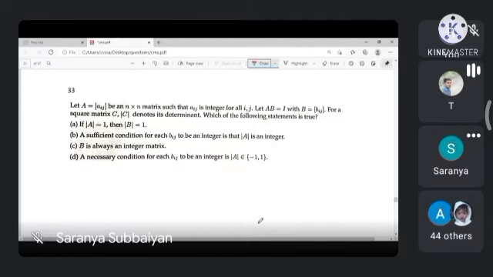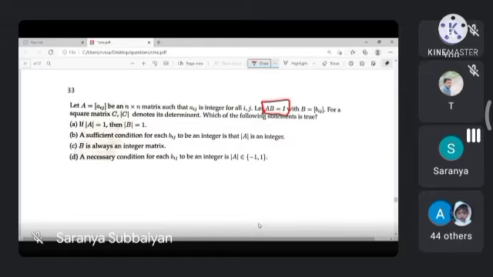AB is equal to I, so they have given an inverse matrix, invertible. AB is equal to I. Then which is invertible? Which matrix is invertible? Either A or B. A is invertible. Okay. So here AB is equal to I, right?